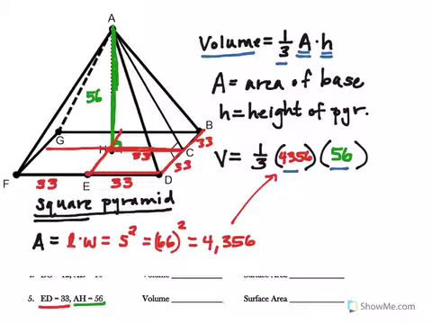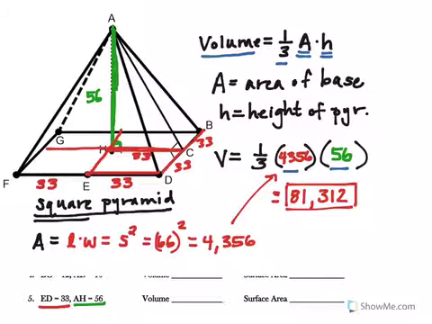And as we work that out, our volume is going to be equal to 81,312. Once we plug that all in, 1/3 of 4,356 and multiply that by 56, here is our final answer for the volume.